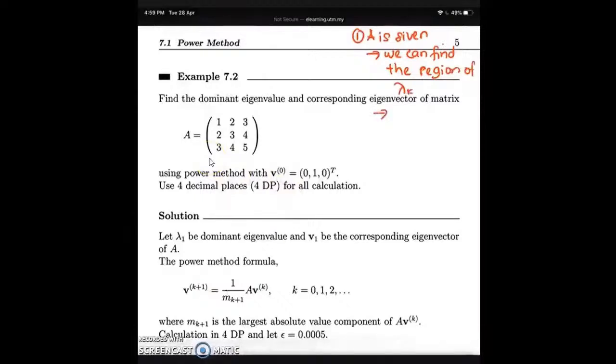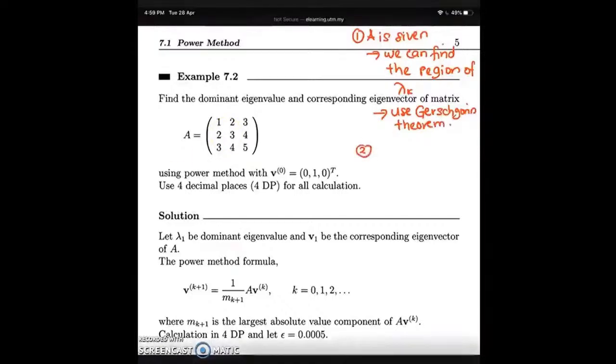But in this question, they ask you to find the eigenvalue. Before this, we use the Gershgorin theorem to find the location of lambda. How many lambda? Because the matrix is 3 by 3, we have 3 lambda.